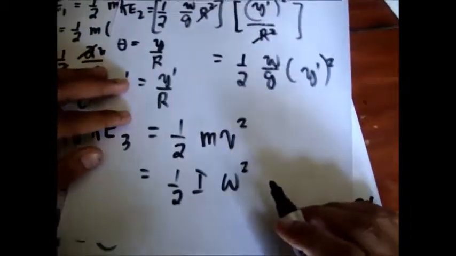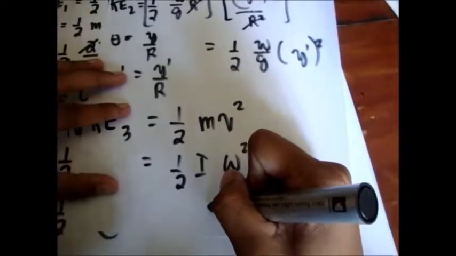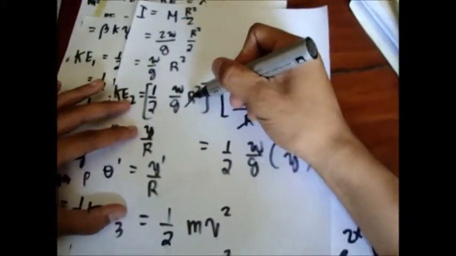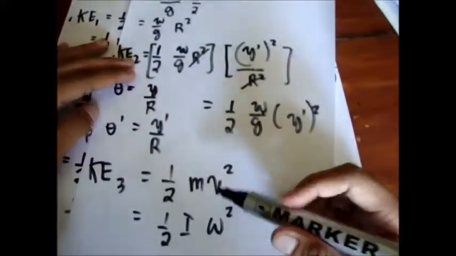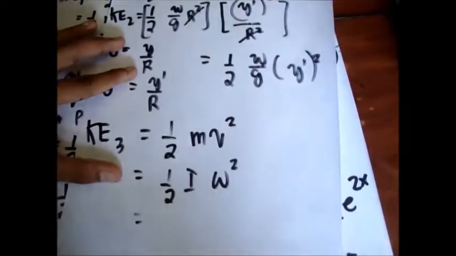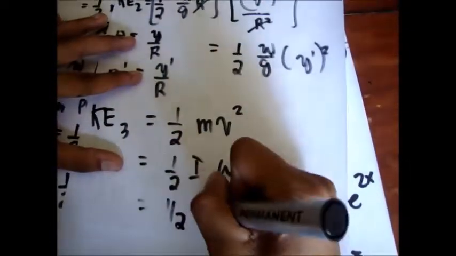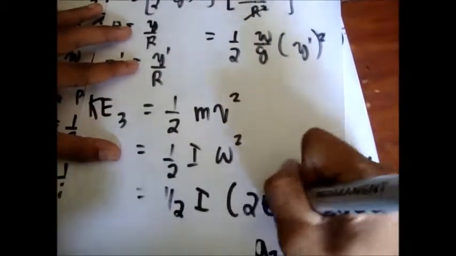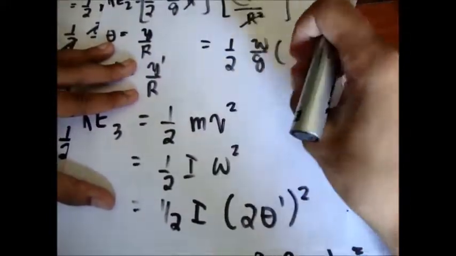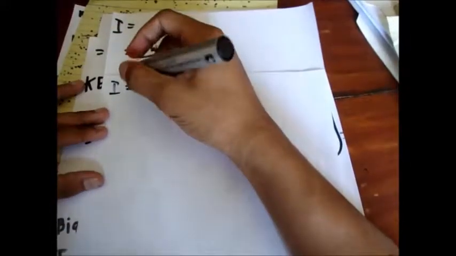For this, the bigger pulley is just the same as the smaller pulley, but recall that the radius of our bigger pulley is not equal to the radius of our smaller pulley. So we denote that 1 half I is equal to 2 theta prime squared because the radius of our smaller pulley is times 2.